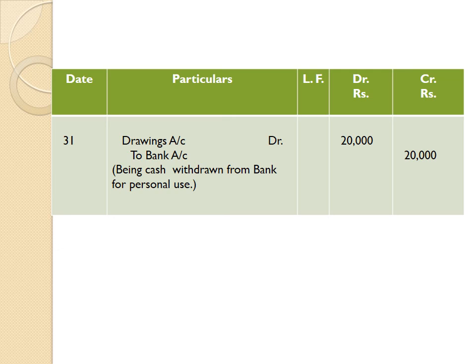The amount was rupees 20,000. So entry for it: on 31st May 2021, drawings account debit 20,000 to bank account 20,000, being cash withdrawn from bank for personal use.